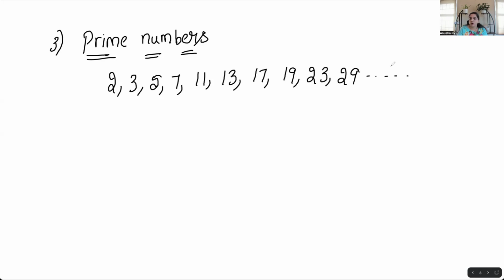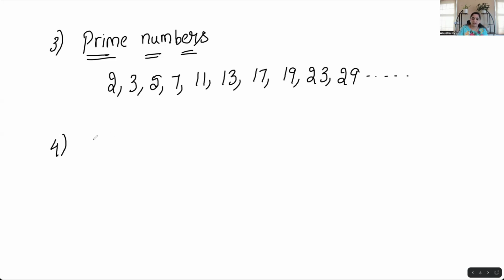If you observe, all these numbers come only in their own table and 1's table, like 2 times 1 is 2, 3 times 1 is 3, 5 times 1 is 5, 7 times 1 is 7. They're not coming in any other table. So those are called prime numbers.